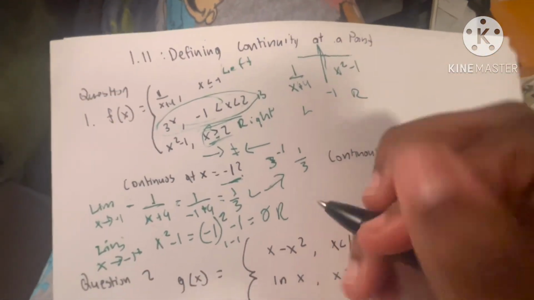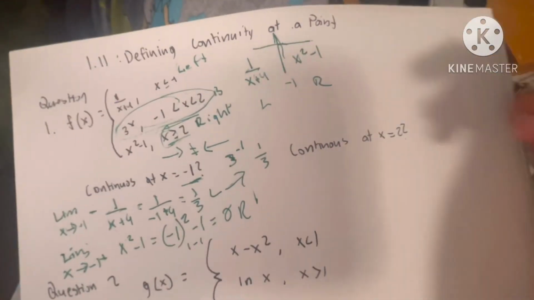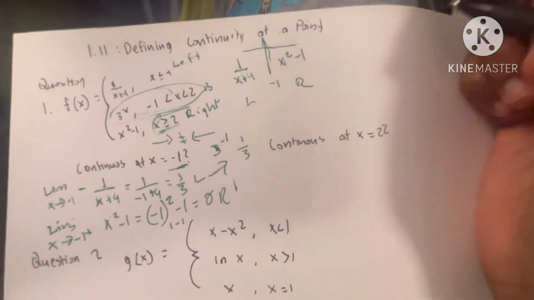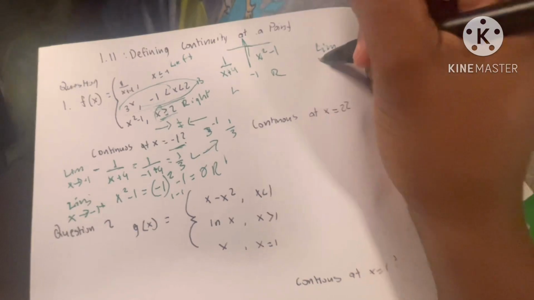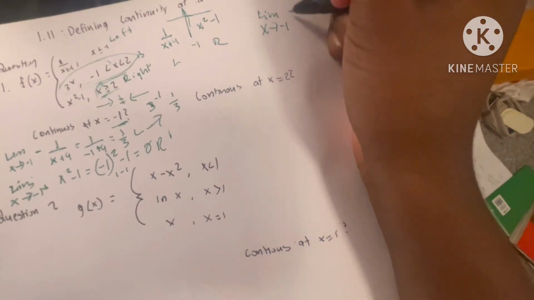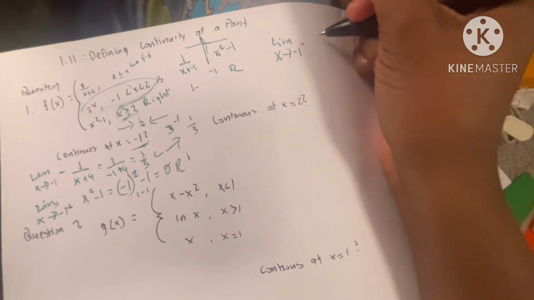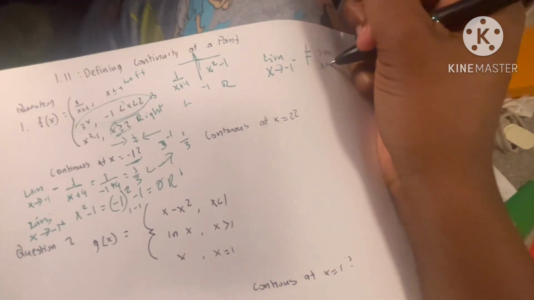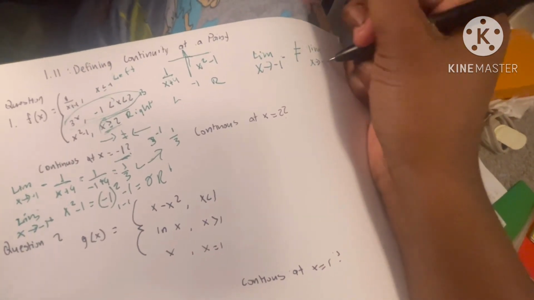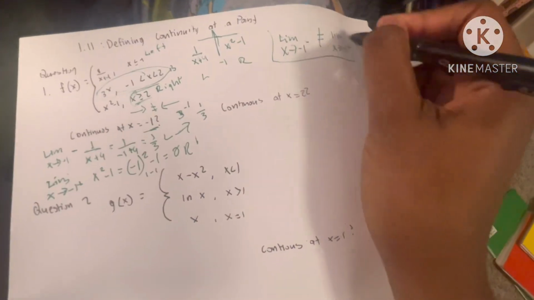So that means, I'm going to write it over here because I ran out of room, as the limit approaches -1 from the left, it is not equal to the limit as x approaches -1 from the right. And that will be your final answer.